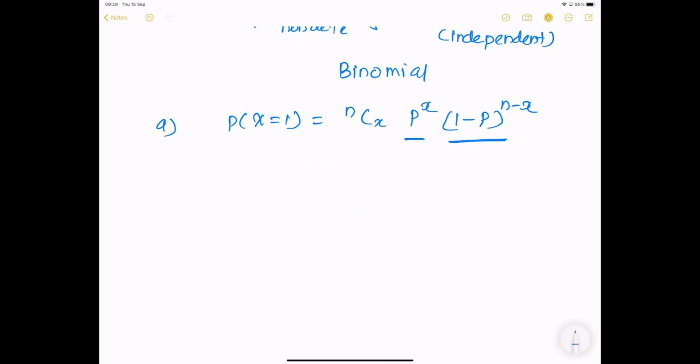The probability of defectives, and 1 minus p is the probability of non-defective, right? n is 15, x is exactly 1. So 0.2 to the power 1, 1 minus 0.2 to the power 15 minus 1. You can simplify and take the answer as 0.132, right?